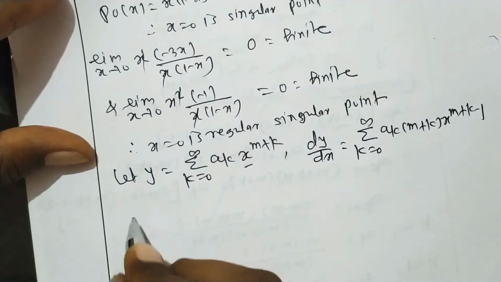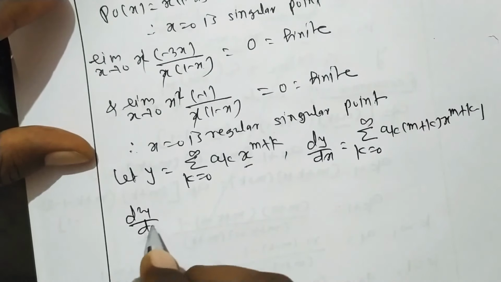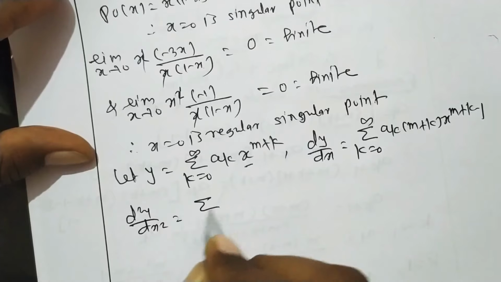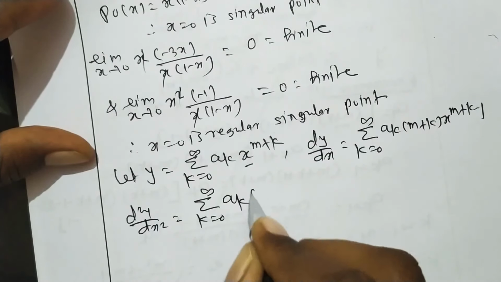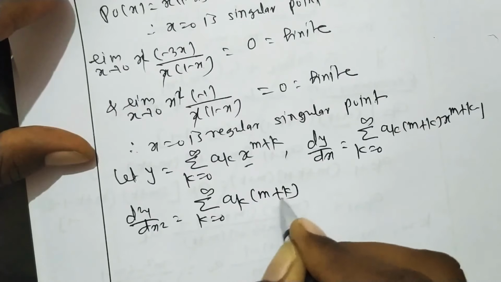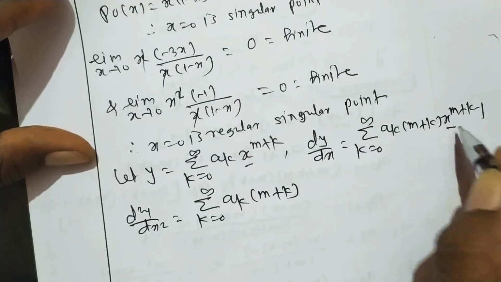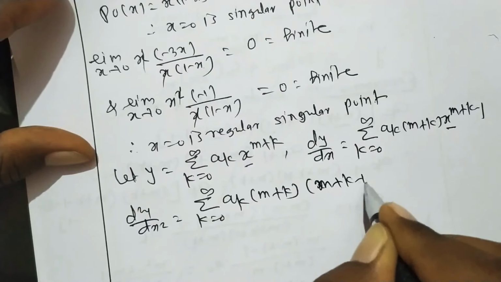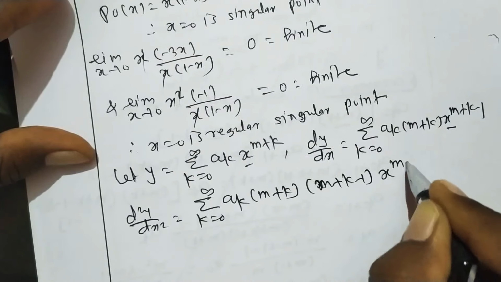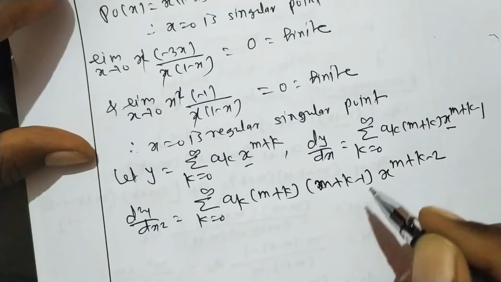Okay, and also we want d²y/dx². So d²y/dx² is the summation of k from 0 to infinity a_k (m+k), derivative of this, that is (m+k-1) x^(m+k-2).